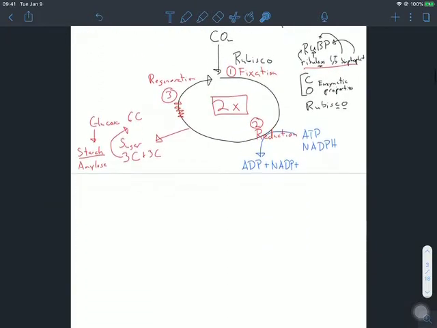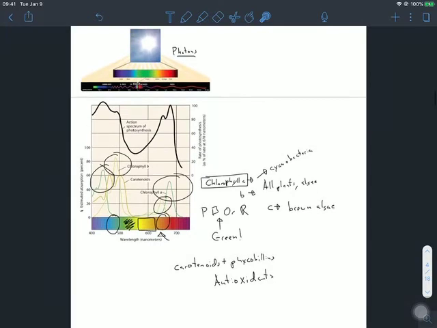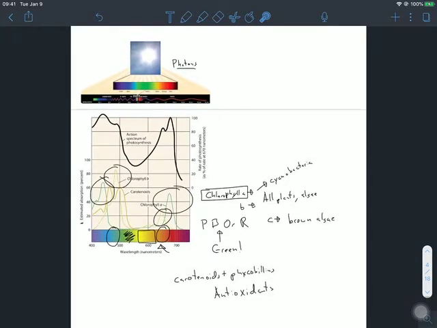Now, one thing that I didn't talk about last class, where we went through an overview of what each of these different pigments are: chlorophyll A being the most ancestral, that's found in all plants and algae and even cyanobacteria, the photosynthetic bacteria. Crazy to think that there are photosynthetic bacteria.